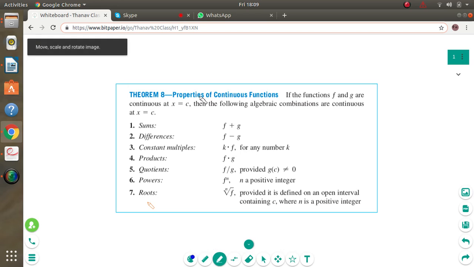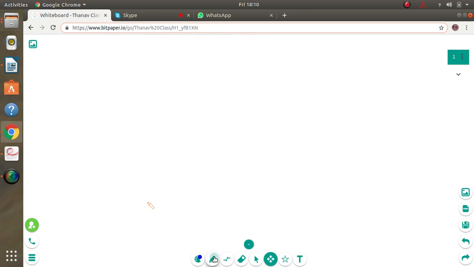If two functions f and g are continuous at x equal to c, then the following algebraic combinations are continuous at x equal to c: sums f plus g, differences f minus g, constant multiples k times f, products f times g, quotients f by g, powers f to the power n, and roots, the nth root of the function. Simple algebra like 2 plus 3, 2 minus 3, 2 times 3, 2 by 3, 2 to the power 5, or the cube root of 2. So basic algebra holds for continuous functions.